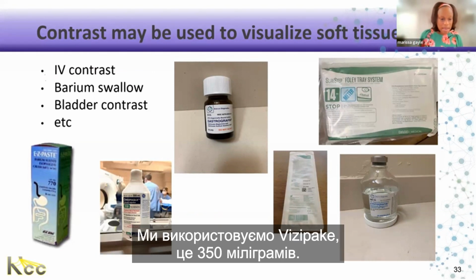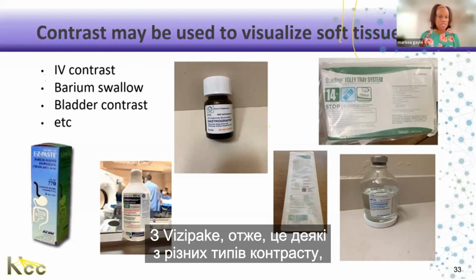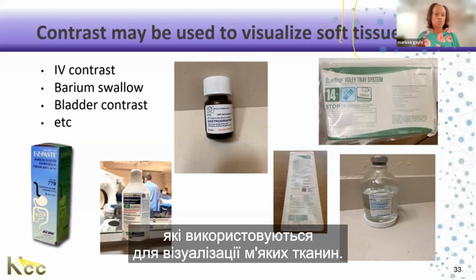We use Visipaque. It's 350 milligrams. I said 50, I was off. With Isovue, so these are some of the different types of contrast used to visualize the soft tissue.